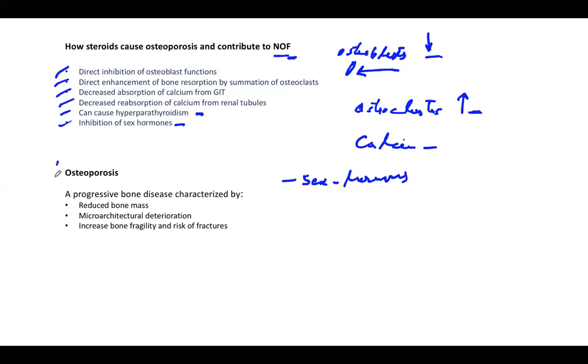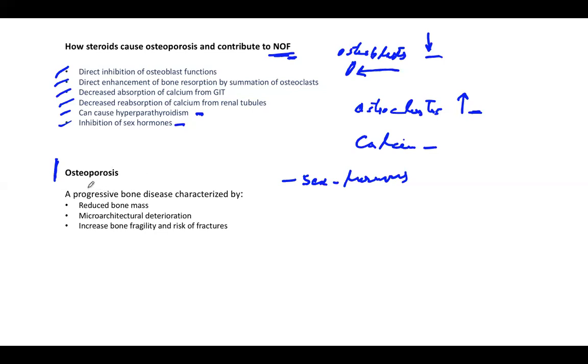So now we have seen that this fracture neck of femur happened due to osteoporosis. We have further questions about osteoporosis. What is osteoporosis? Define osteoporosis.